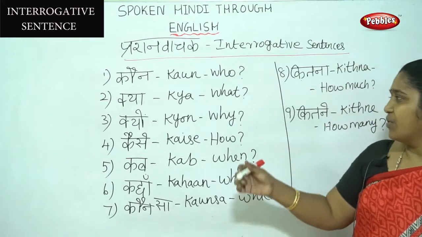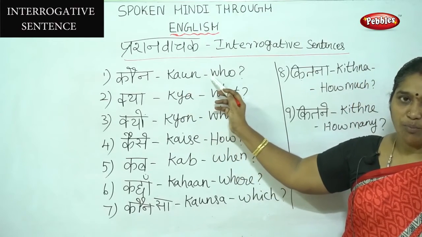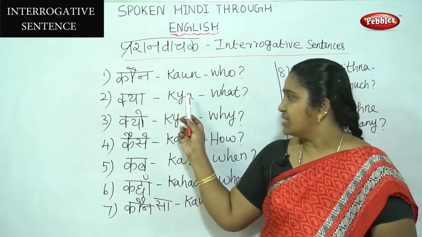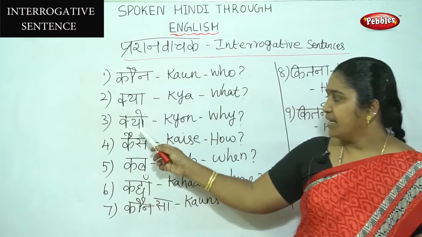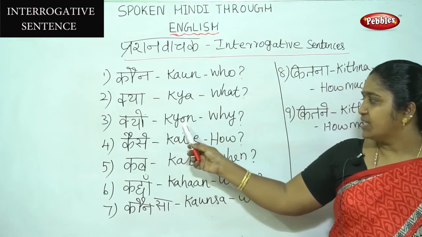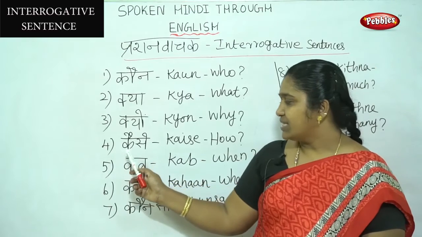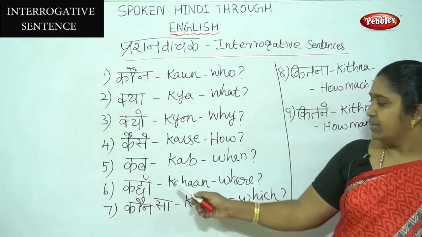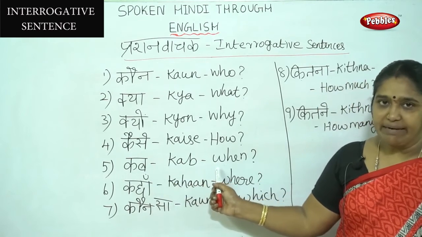Then the second one is kya, the meaning is what. Then kyun, meaning is why. Then the fourth one is kaise, meaning is how. Then kab, meaning is when.